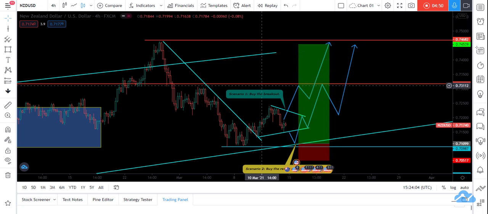And if it breaks past that, then boy oh boy, it gets really juicy because you could just ride the trend all the way back up to 0.7458, which I do doubt.